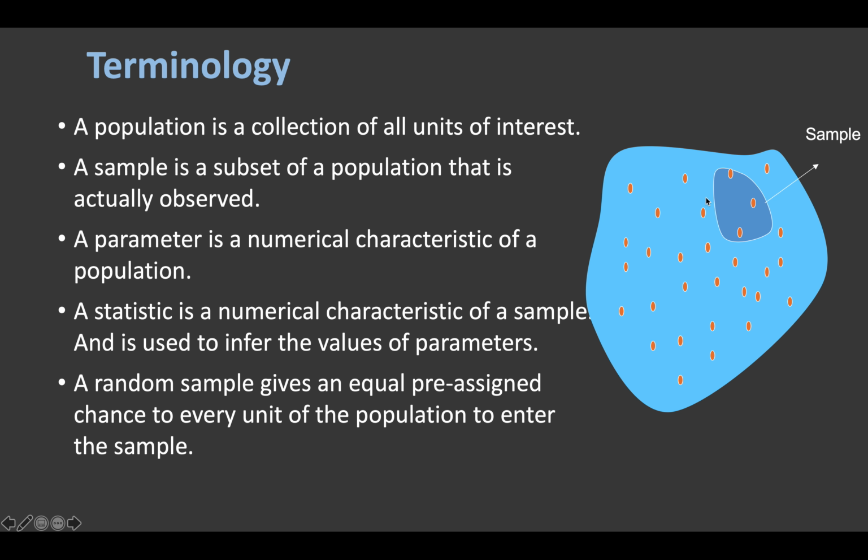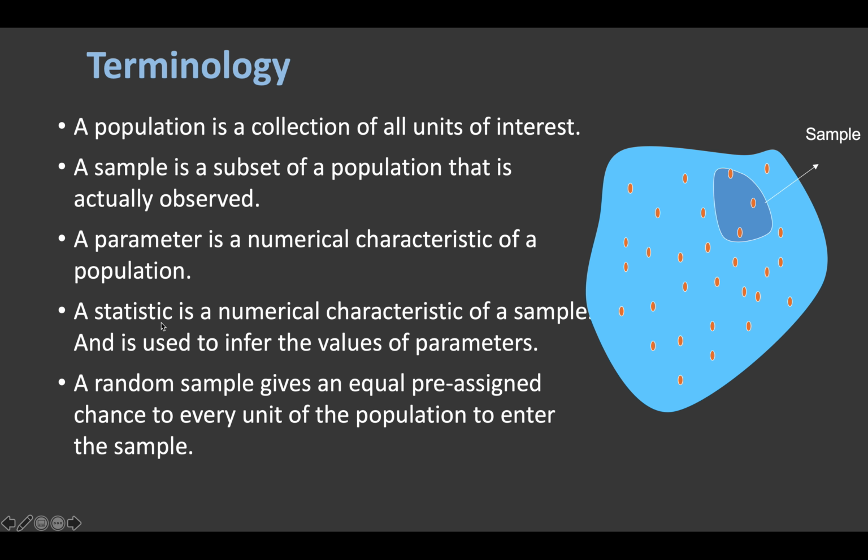That's the population, right? A parameter, another term: a parameter is a numerical characteristic of a population. So when we talk about a parameter, we apply that to the entire population, right? Not just an individual. So whenever we say a parameter of something, we're talking about a population, right?